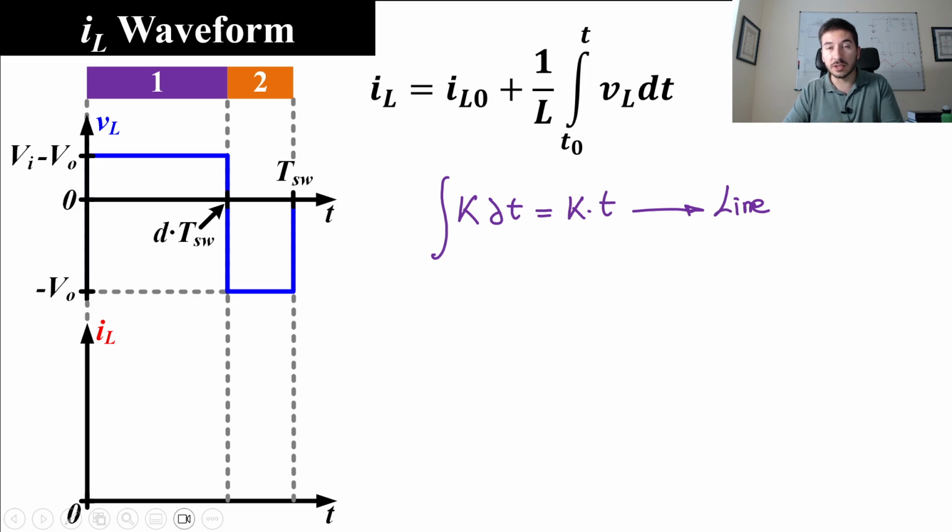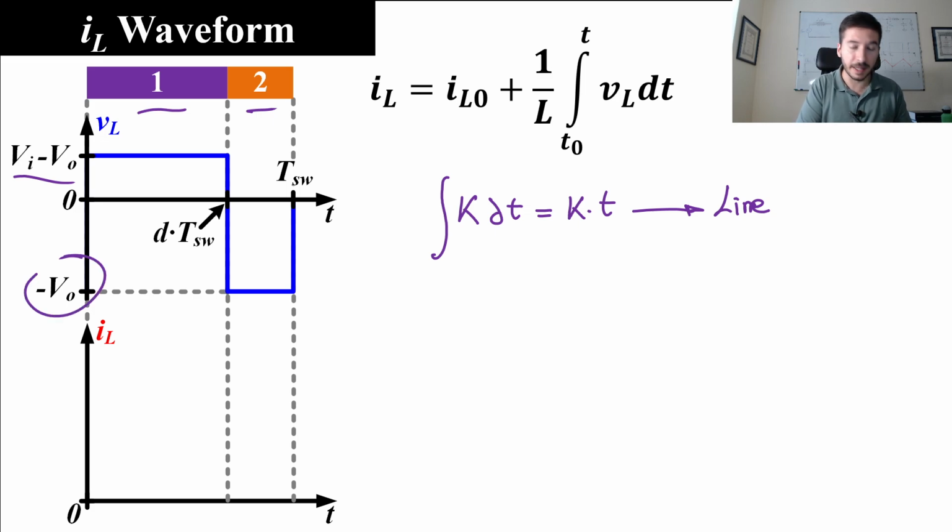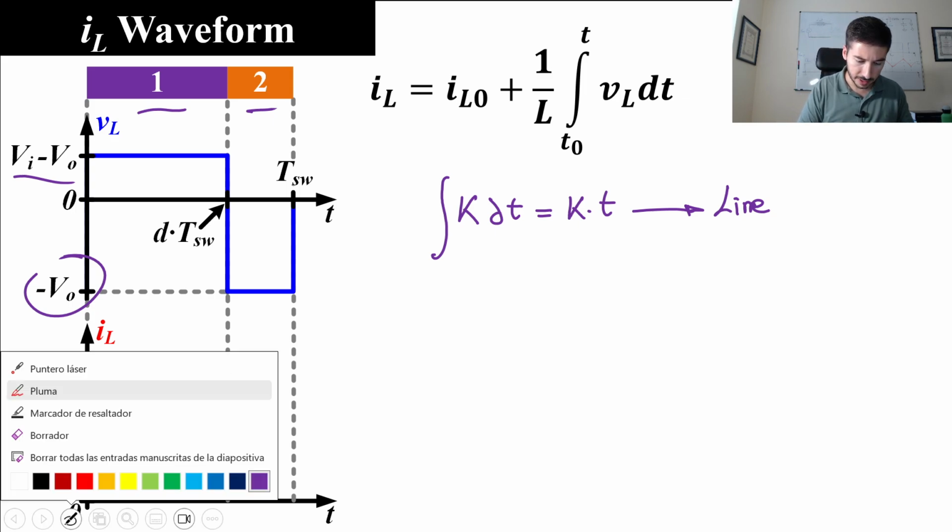This is the situation that we have if we consider the two states of our converter, because in state 1 the voltage that we apply across the inductor is VI minus VO, a constant voltage, and in state 2 we apply minus VO, another constant voltage. So let's put that here.